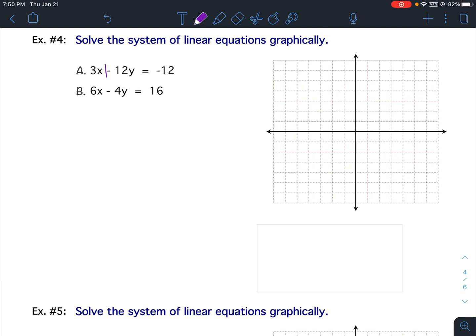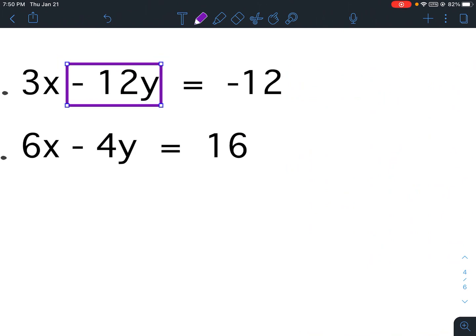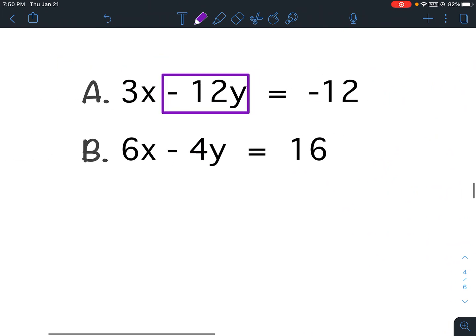So for A, let's go ahead and box this y term. We're going to take 3x to the other side of the equation. Since it's a positive 3x, I'm going to subtract 3x from both sides.